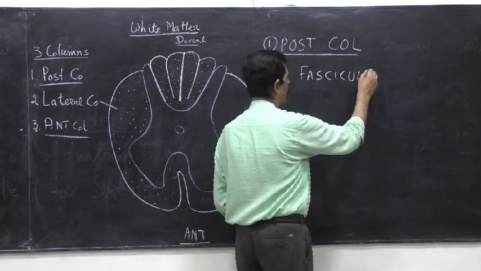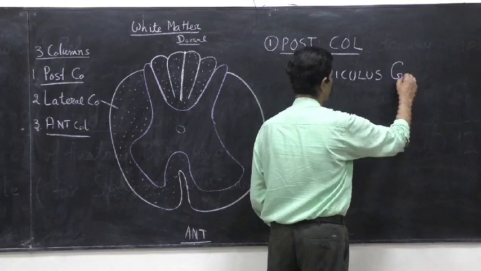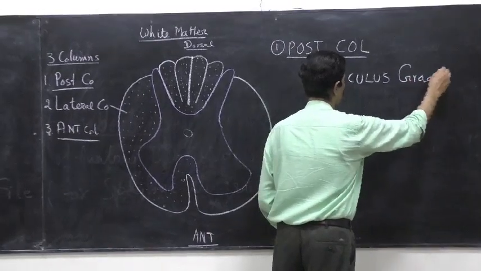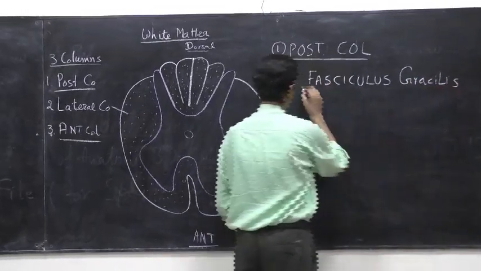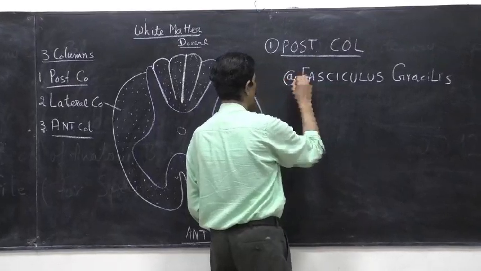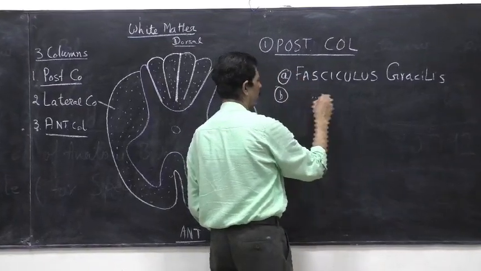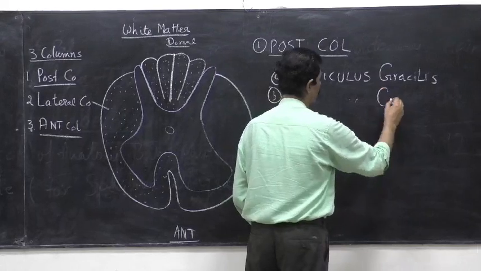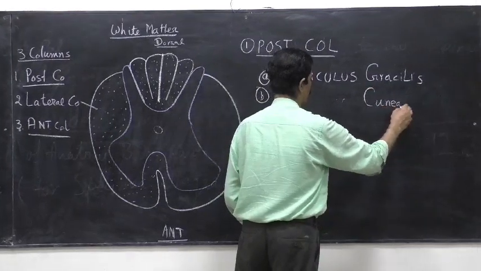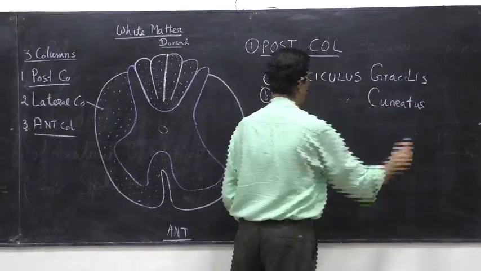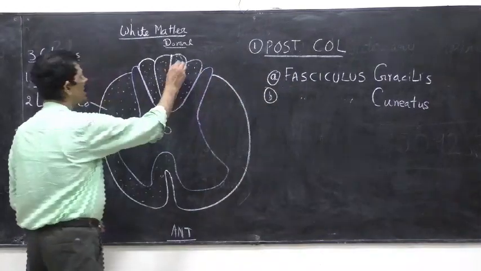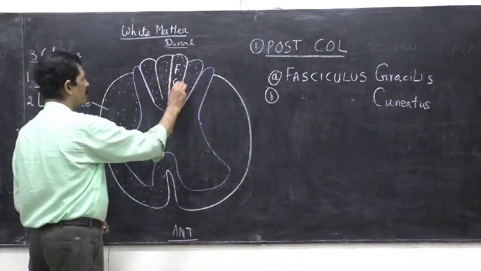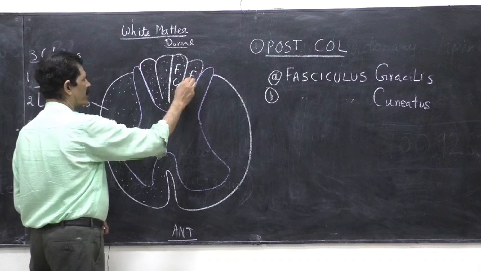fasciculus gracilis and another is fasciculus cuneatus. So the medial one is the fasciculus gracilis and lateral one is fasciculus cuneatus.